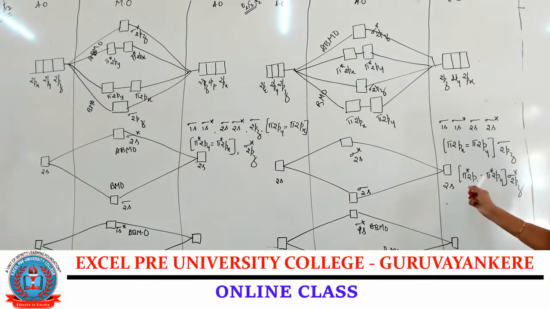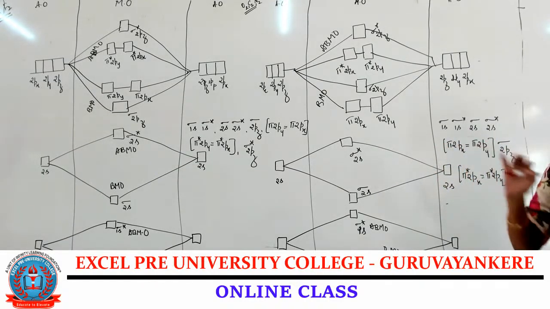So this is how to write the electronic configuration. This is a basic thing you need to remember, how to fill the electrons.